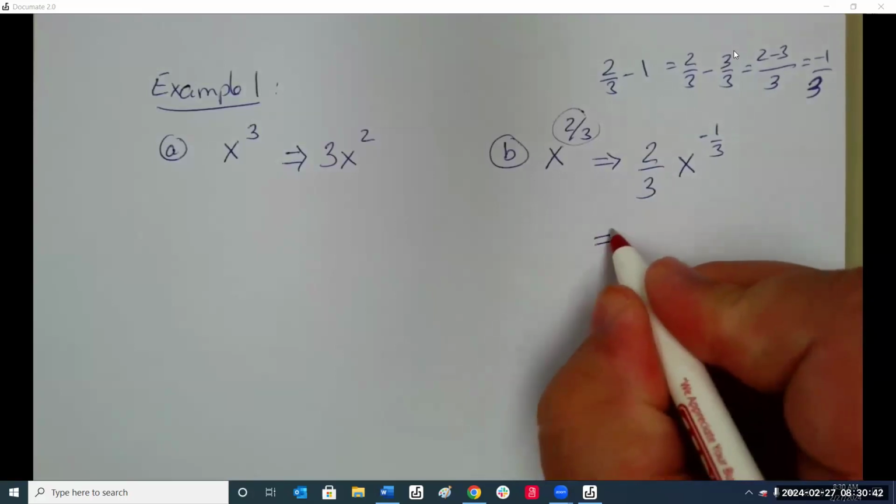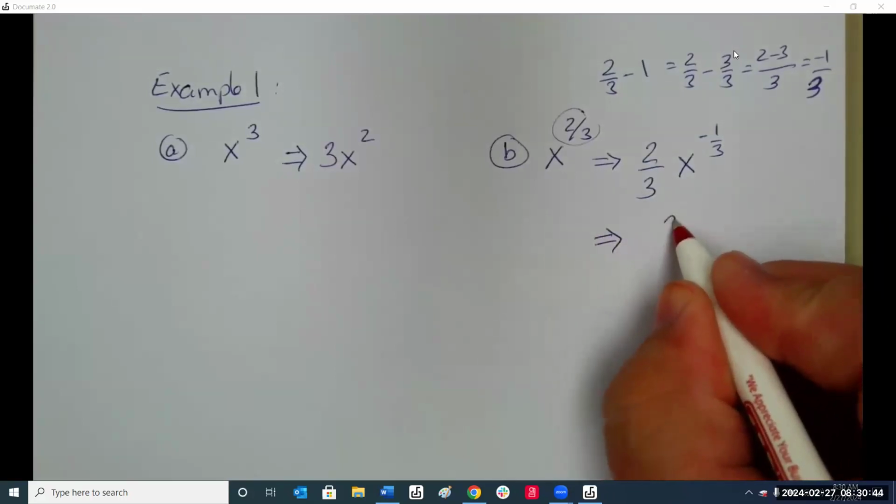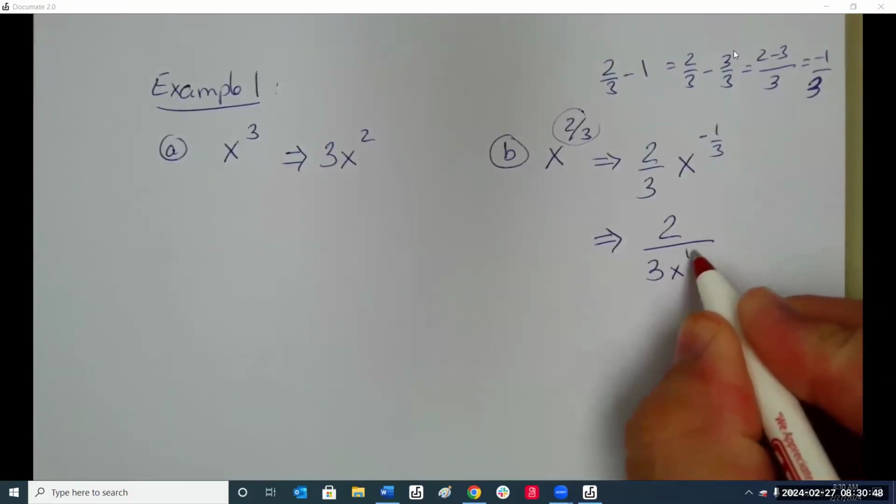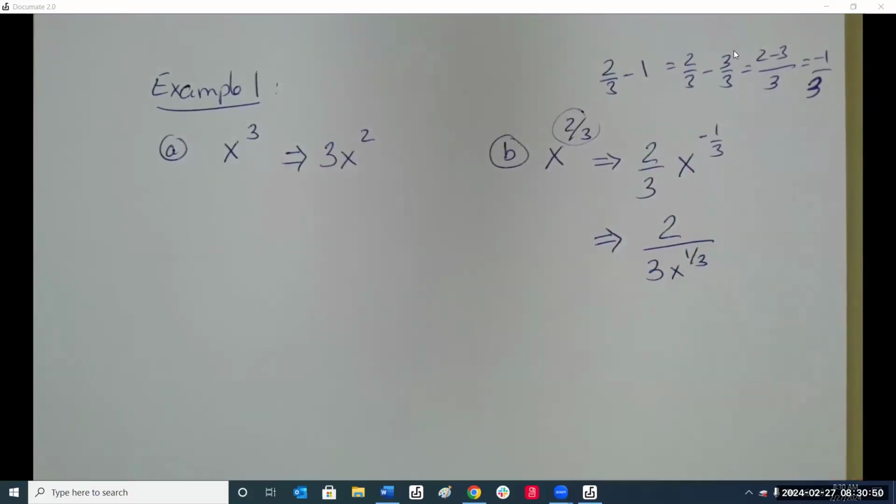So our final answer for this one is 2/3 x to the power -1/3.